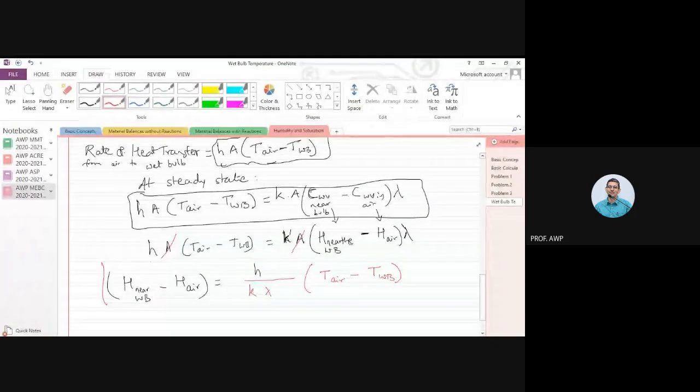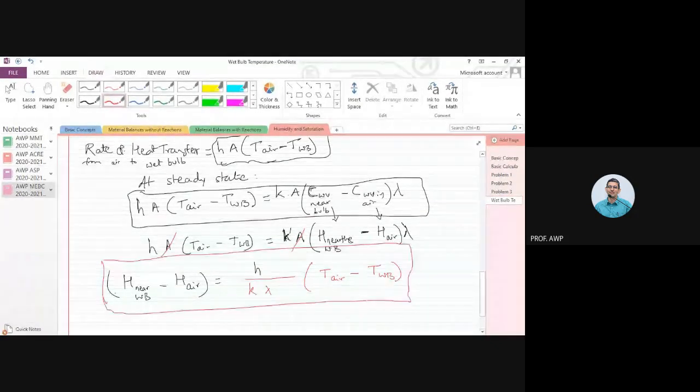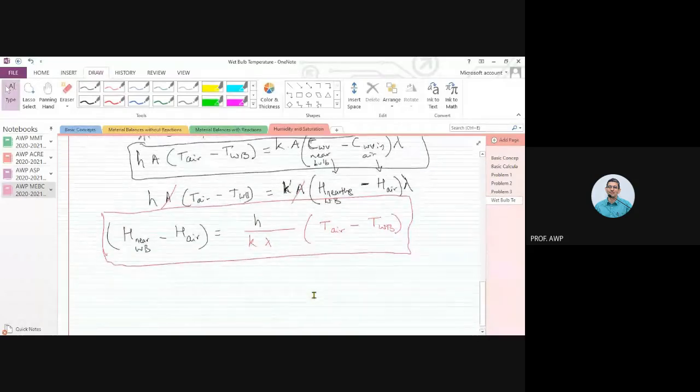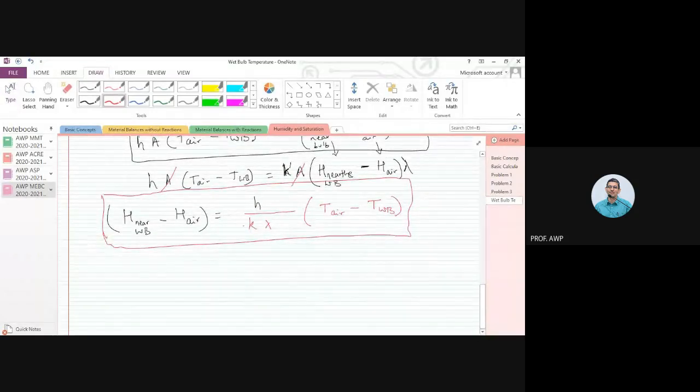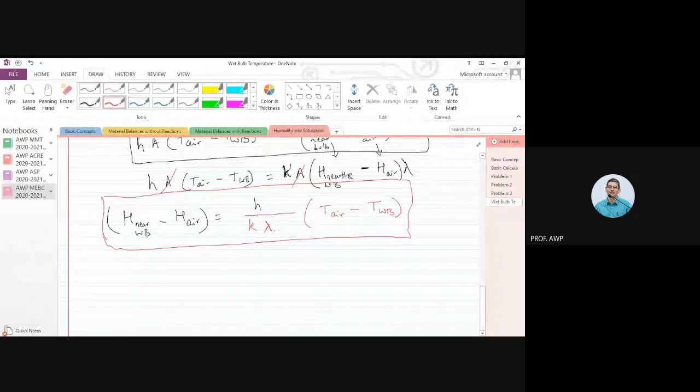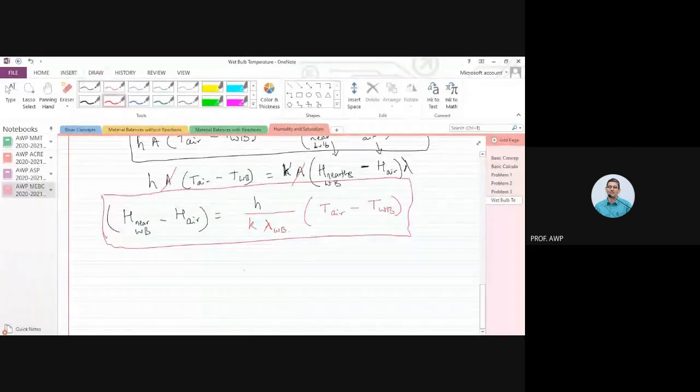This is at steady state. It has reached the steady state temperature, which we call the wet bulb temperature. This lambda is of the latent heat required near that bulb. Lambda changes with temperature.